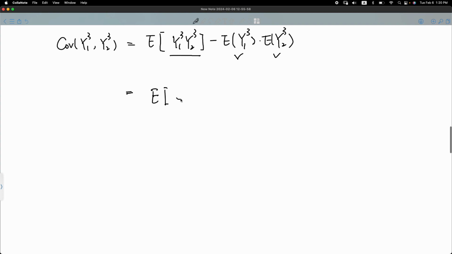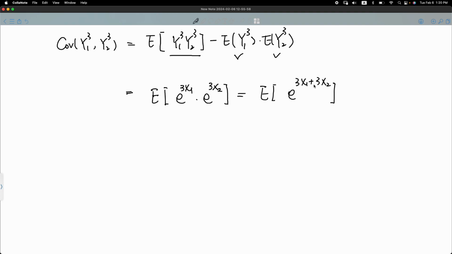Let's plug in the expectation of e raised to the power of 3x1 multiplied by e raised to the power of 3x2. And then the product of the exponentials is the exponential of the sum. So we have the expectation of e raised to 3x1 plus 3x2.